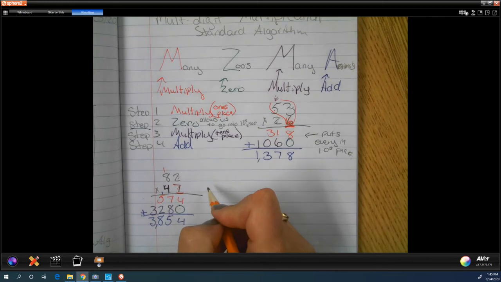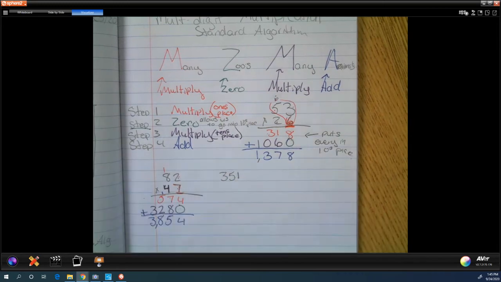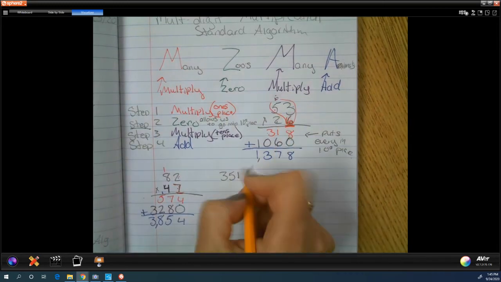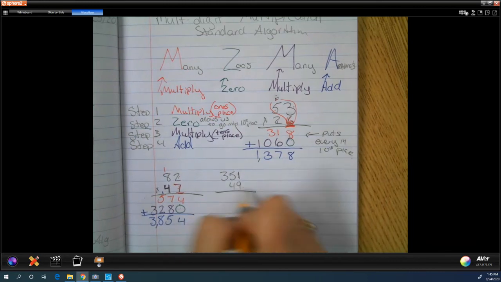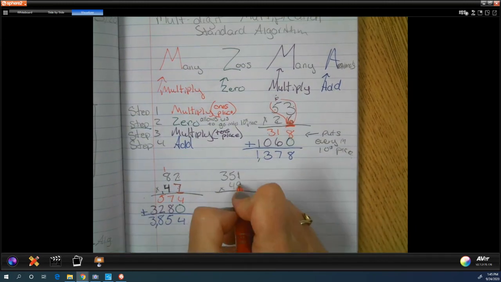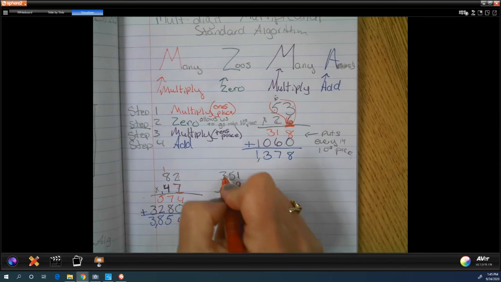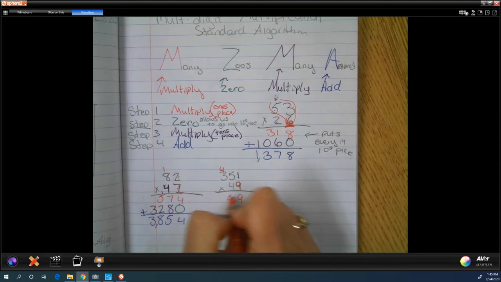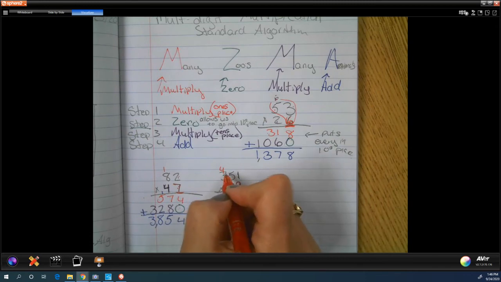Let's try it with a 3-digit number. Let's try it with 351 times 49. Okay, step 1. Multiply the ones place. 9 times 1 is 9. 9 times 5 is 45. 9 times 3 is 27, 28, 29, 30, 31.